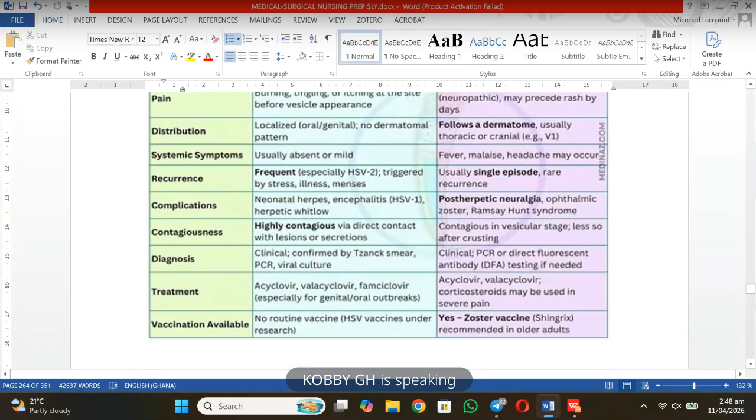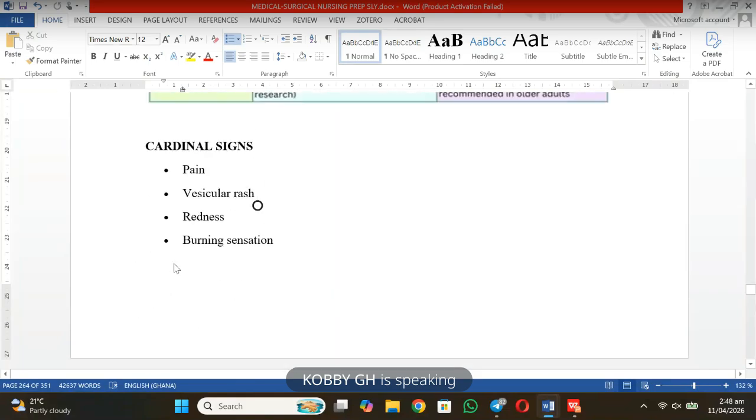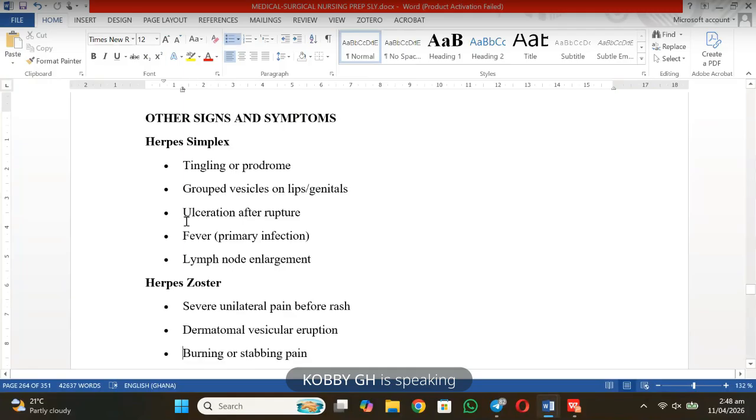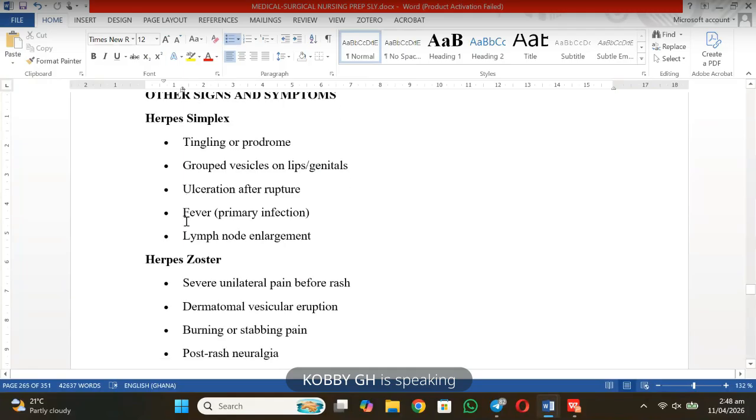Okay, so like I mentioned, the clinical signs: we have pain, the vesicular rash, burning sensation, and redness. I think many of you have seen chickenpox before, so you know how it looks.